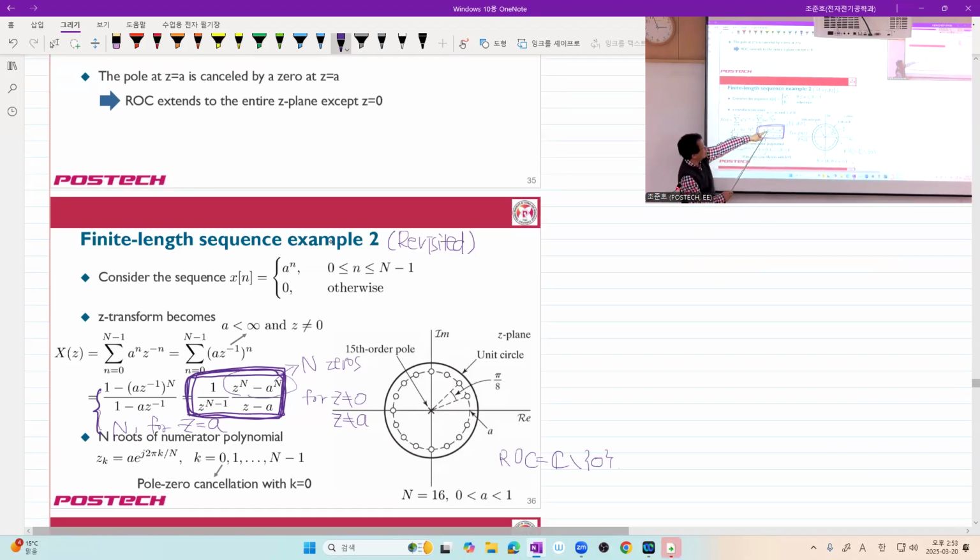And now, what about the numerator? Z to the n minus a to the n.